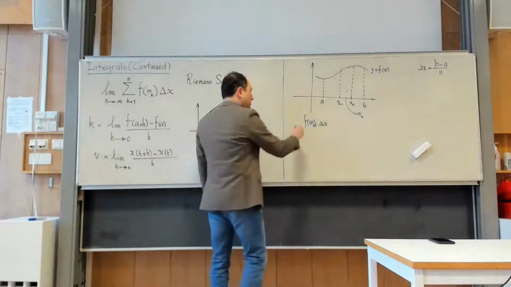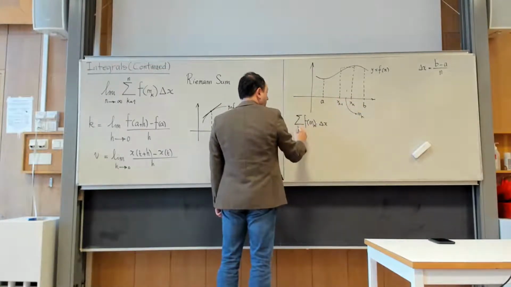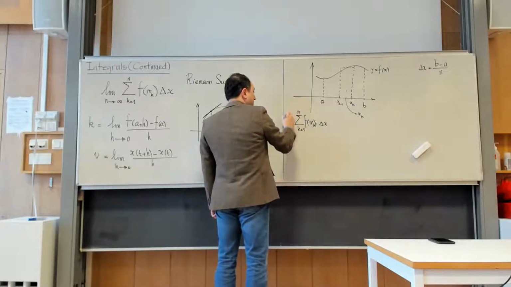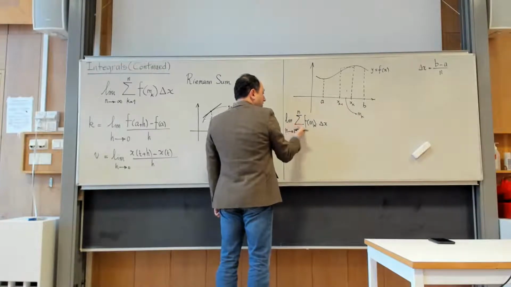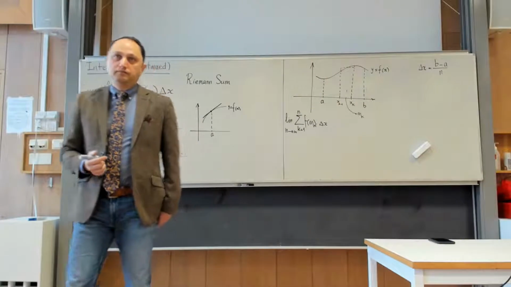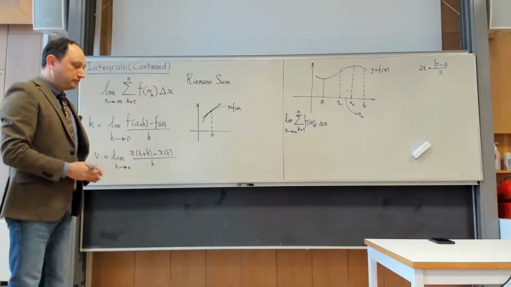Yes? And then you add them up for all the intervals, from the first interval to the nth interval. But then you take the limit and send n to infinity. And this would be a reasonable value for what you call the area. So this was my problem here.